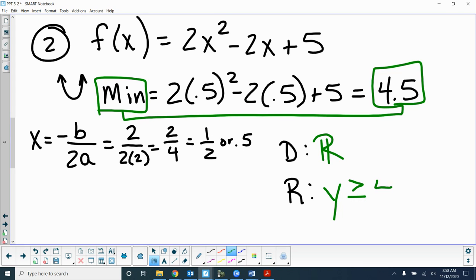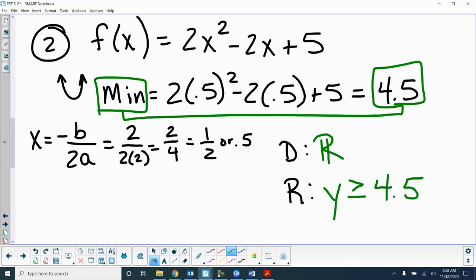And you just use that 4.5 that you already found. Do we understand those two problems now? Does that make sense to you? It should. It's kind of common sense, isn't it? Just got to know our little formula, negative b over 2a, right?